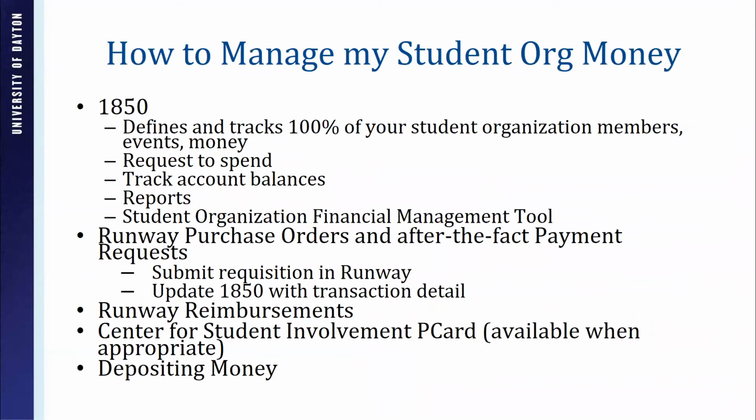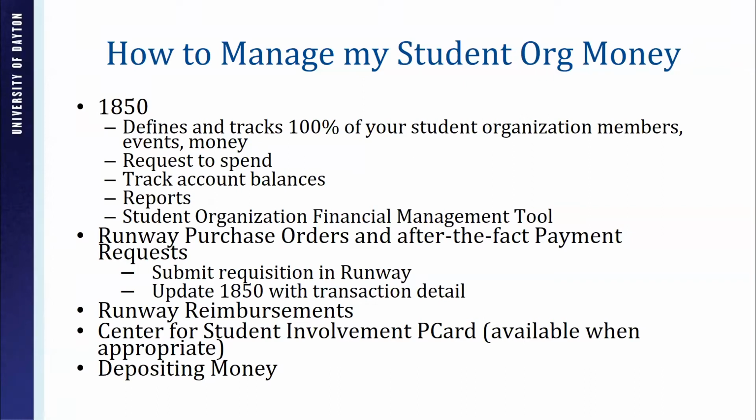So how to manage your student org money. We have 1850, which, as I previously stated, will track all your group organizations money, but it also covers your organizational members, your officers, your events, things like that. 1850 is also where you will request to spend your money. It is also where you can track your account balance.